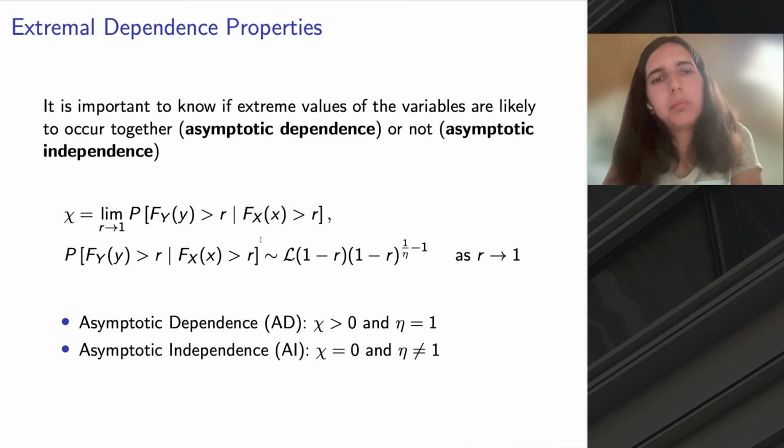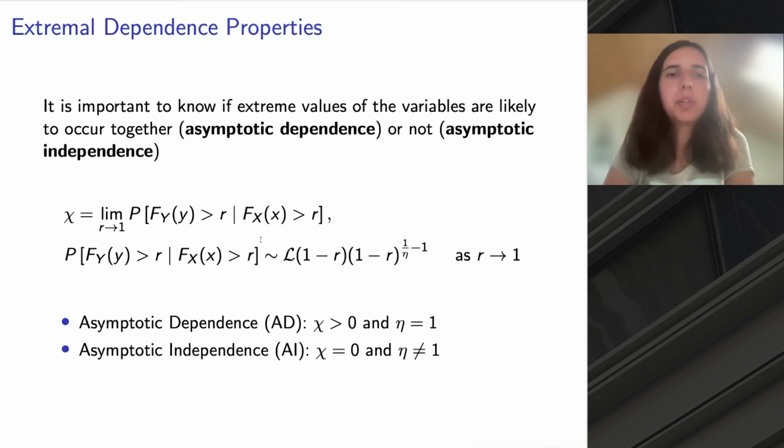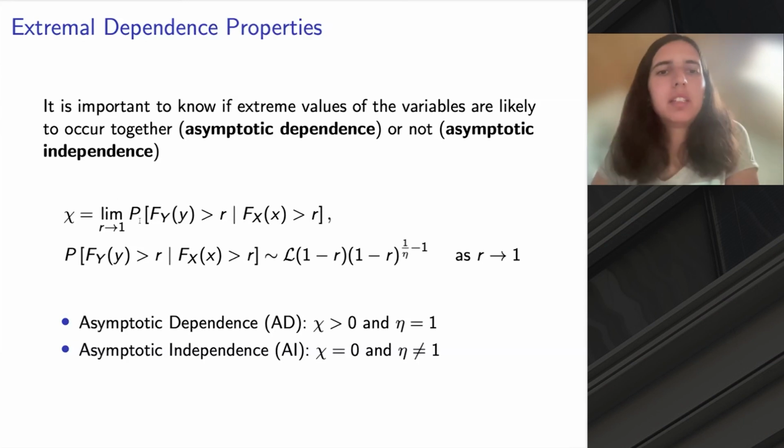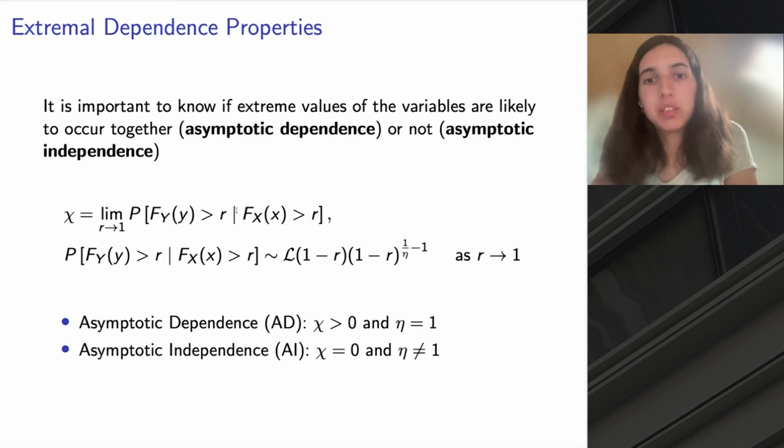And we use two measures to model this. So we have chi, which is the tail dependence coefficient, and this is the limit of the probability of one variable being larger than some threshold R, given that the other variable is larger than that threshold R, when R tends to 1.